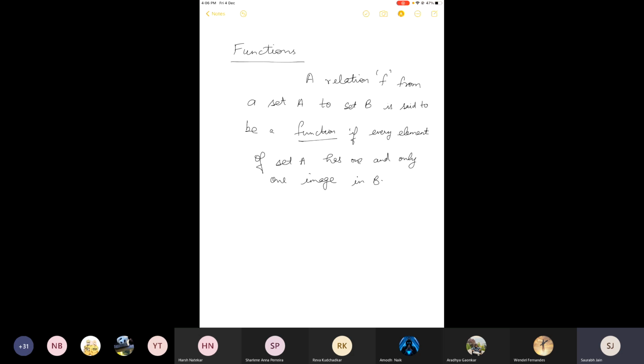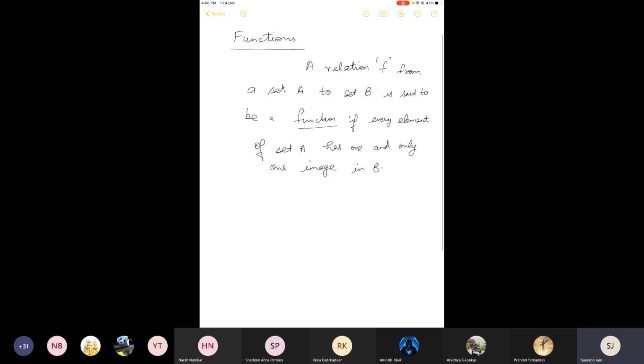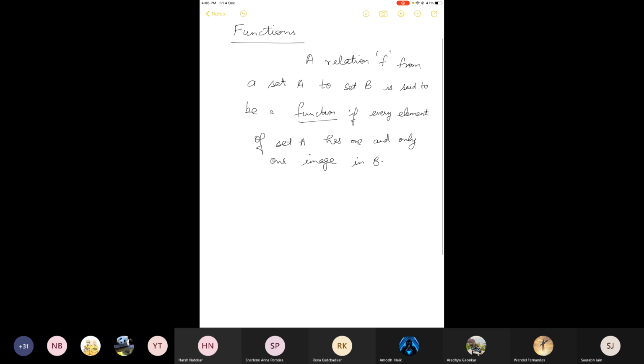Simple definition. Let us try to understand this with the help of a diagram. Suppose that we have two sets A and B, and let us say some of the elements of A are 1, 2, and 3, and let's say B has the elements 4, 6, and 10.